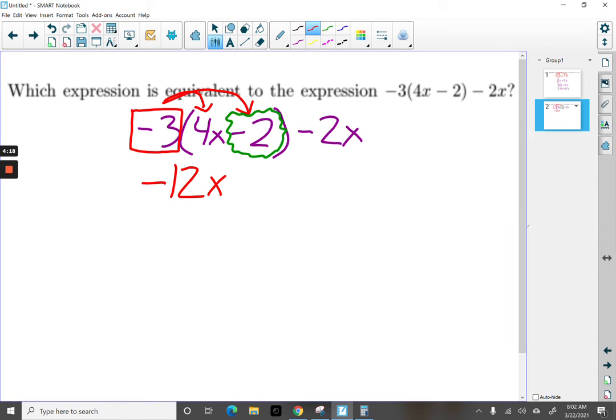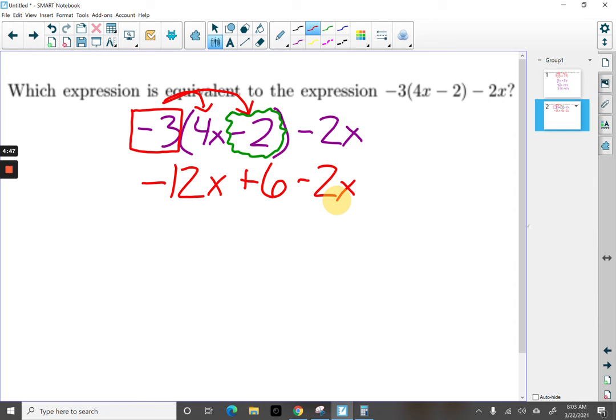So this is actually going to be a positive 6, not a -6. And that -2x that we had in our problem that we did not distribute, we are going to leave there alone. It does not get multiplied by the -3. It kind of was not included in that parenthesis, so we don't include it.